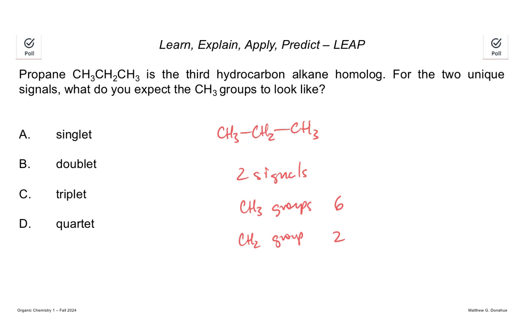Now we need to apply this n+1 rule to predict what the signal is actually going to look like. Because these CH3 groups are the same, they have one neighbor, the CH2 group. So applying the n+1 rule, how many lines should that signal have? It should have 3 lines, and we would call that a triplet.